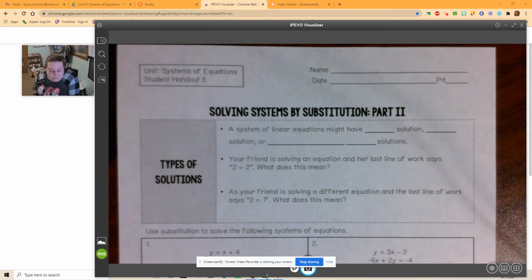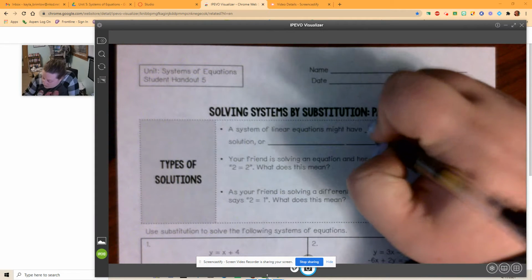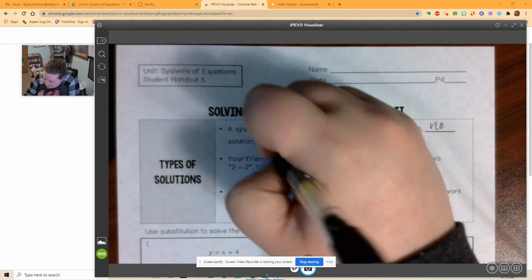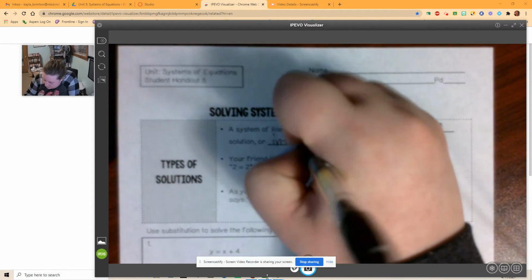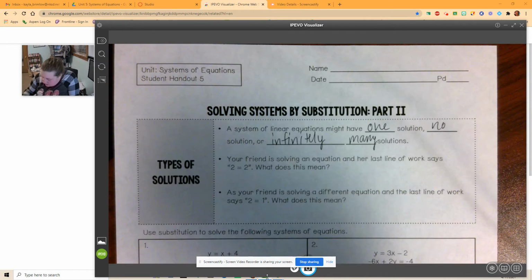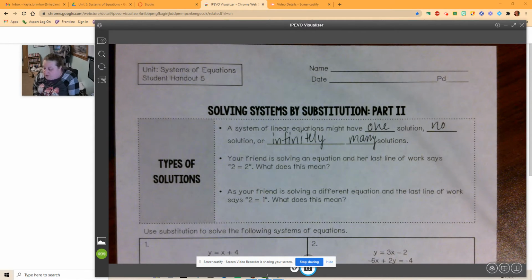Okay. So a system of linear equations might have one solution, no solution, or infinitely many solutions. Your friend is solving an equation and her last line of work says 2 equals 2. What does this mean? So I have to ask myself, does 2 equal 2?